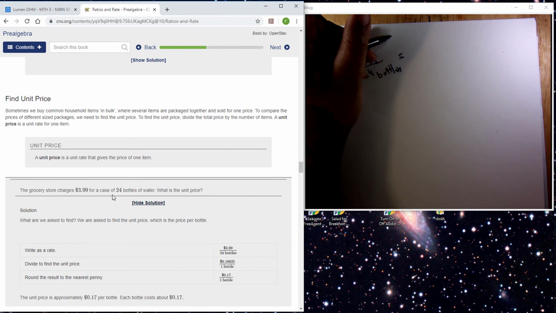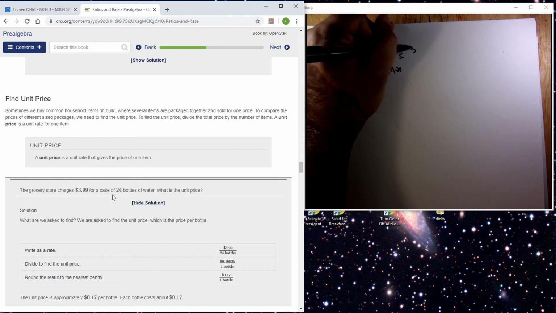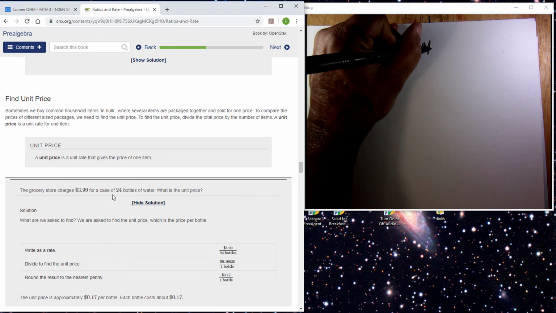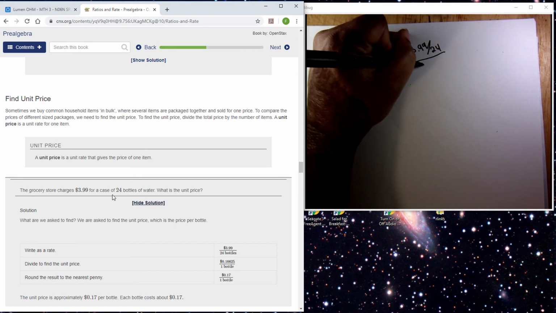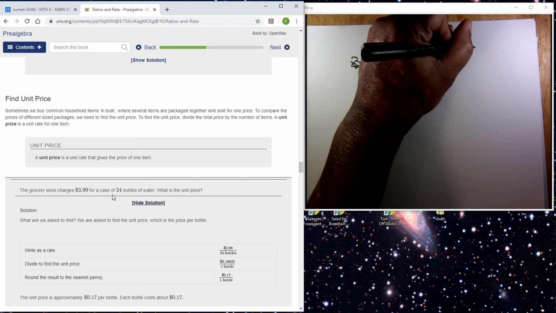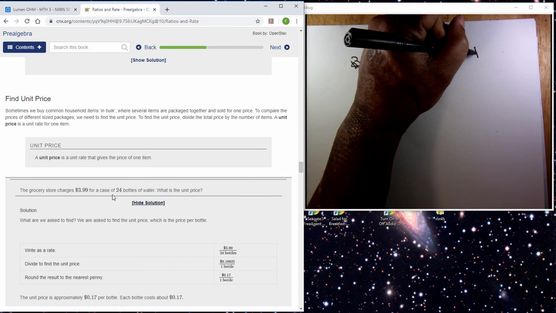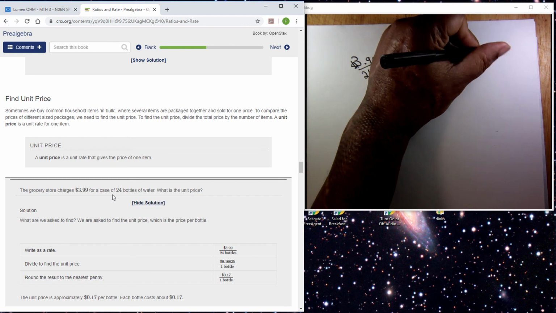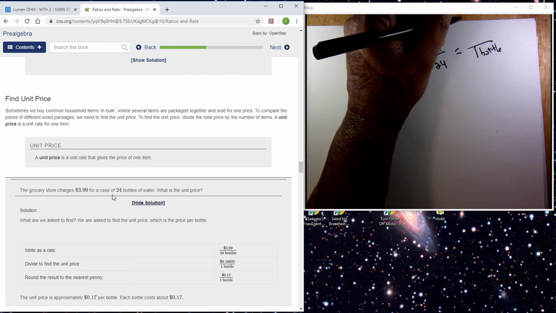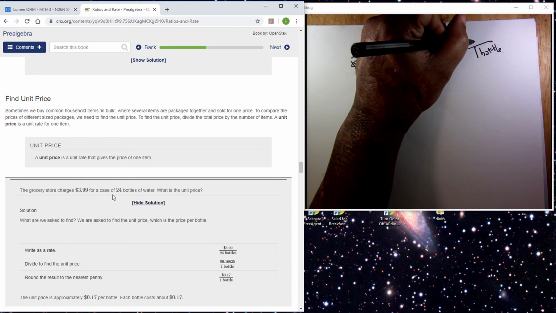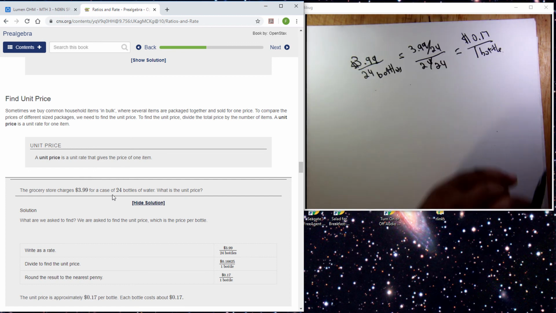To find the unit rate, in this case, we divide both by 24. So now we have a price per 1 bottle. In this case, it's 17 cents per bottle.